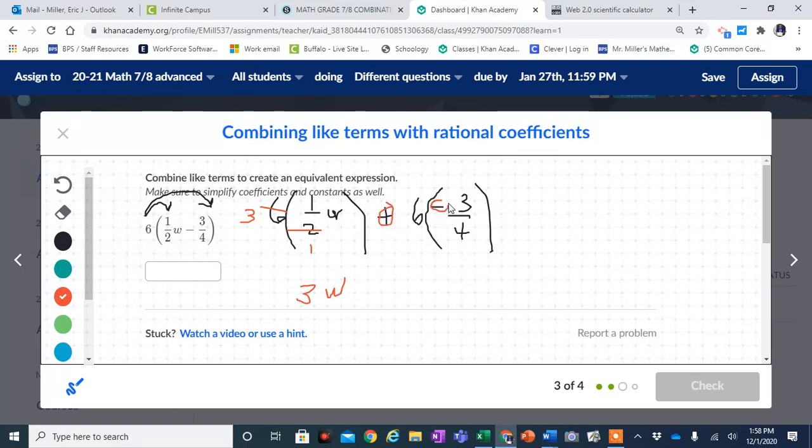Positive times a negative is a negative. And then we can simplify the 6 and the 4 by dividing by 2. So 4 divided by 2 is 2, and 6 divided by 2 is 3. So we have 3 times 3, which is 9 over 2. So that can now become 3w minus 9 divided by 2, which is 4.5.